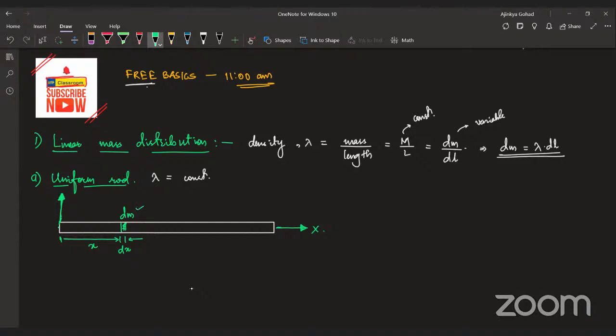Now we know what is the element. So if the elemental mass is dm, I can write this dm as lambda into dl.